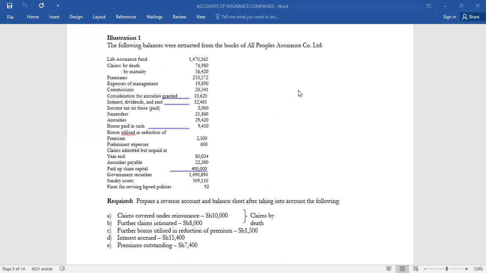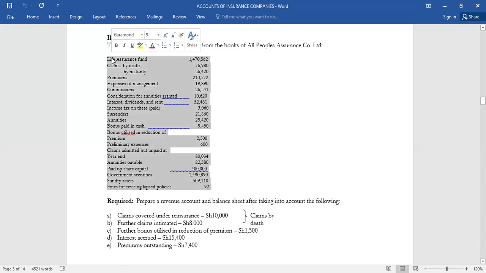So the very first thing is to prepare the trial balance, which is just debiting what ought to be debited and crediting what is to be credited. So allow me to copy paste this one. We work from the Excel sheet.